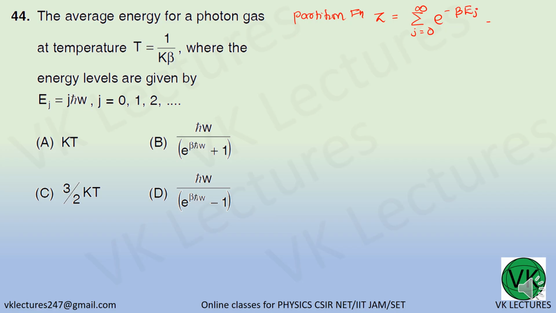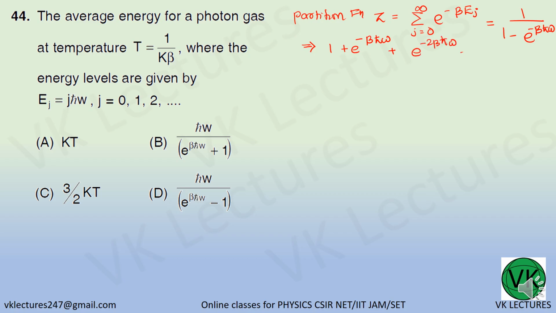Now this is equal to 1 divided by 1 minus e to the power minus beta h cross omega, because we know already Ej equals j h cross omega, where j is 0, 1, 2, etc. If you rewrite this, it will start from 1 plus e to the power minus beta h cross omega plus e to the power minus 2 beta h cross omega.